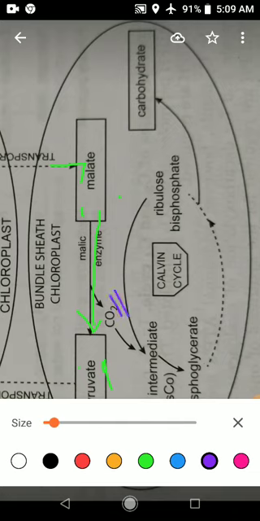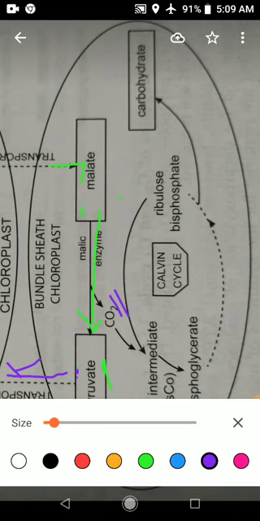Pyruvate is transported to the chloroplast of the mesophyll cell from here, and there it changes into phosphoenol pyruvate after utilizing one molecule of ATP in the presence of the pyruvate phosphate dikinase enzyme.